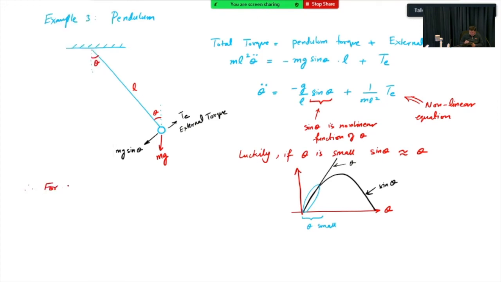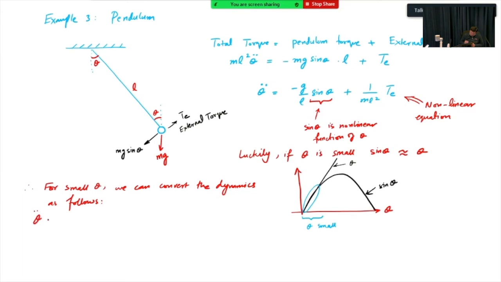So therefore for small theta we can convert the dynamics as follows.